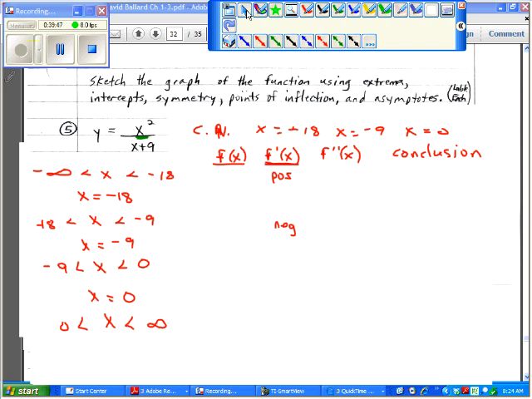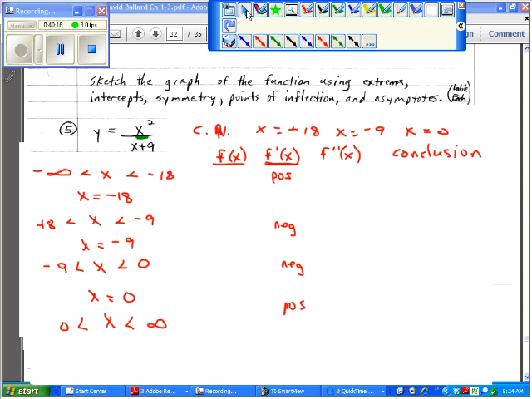Between negative 9 and 0, I just chose negative 1. We end up with a negative over a positive, which is a negative. So in the third interval, there's a negative. In the fourth interval, between 0 and infinity, I chose a 1. You end up with a positive over a positive, which is a positive, okay?